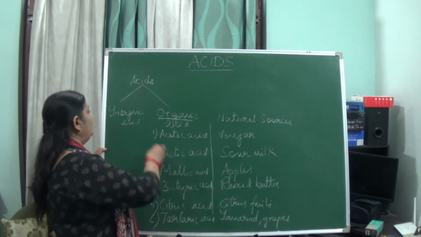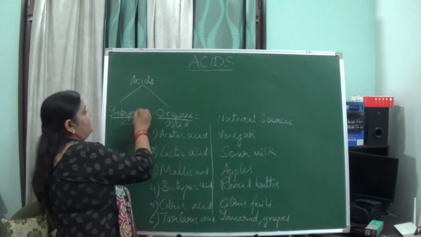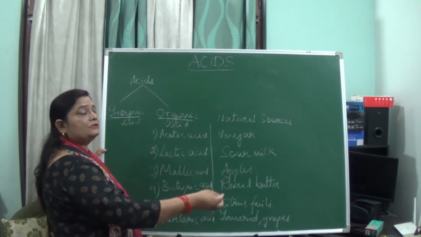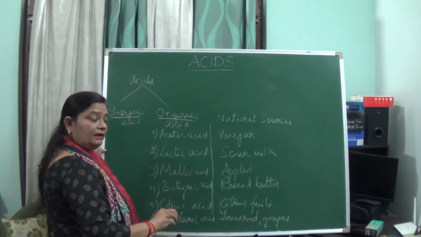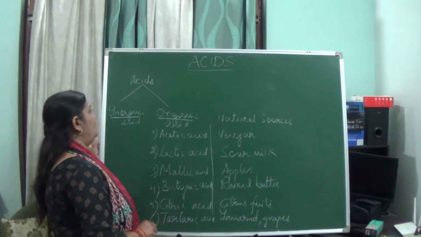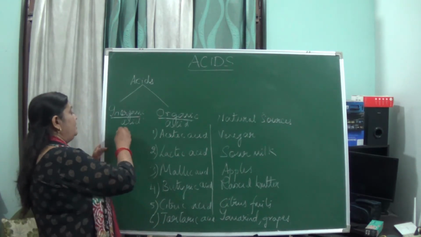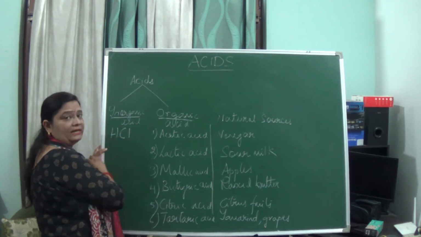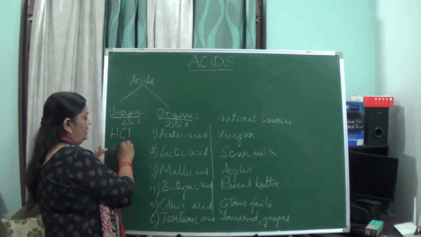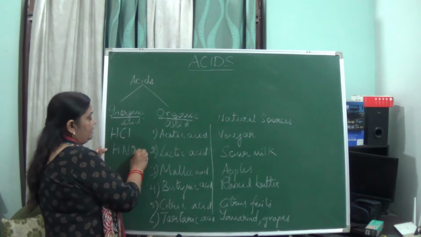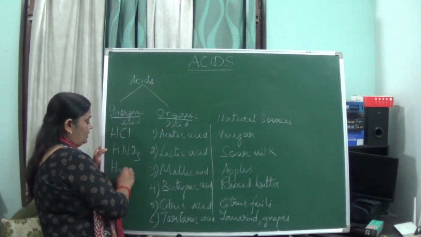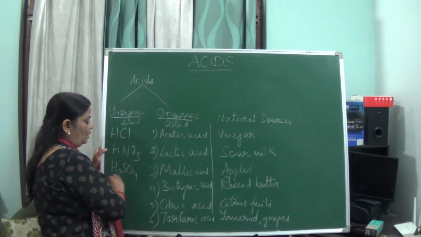Inorganic is synthetically made, it is not found from living things. Like inorganic acids can be hydrochloric acid, nitric acid, H2SO4. These are common names which you all know.